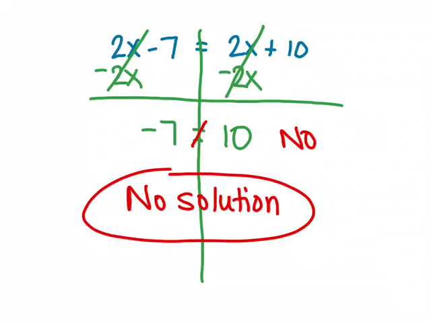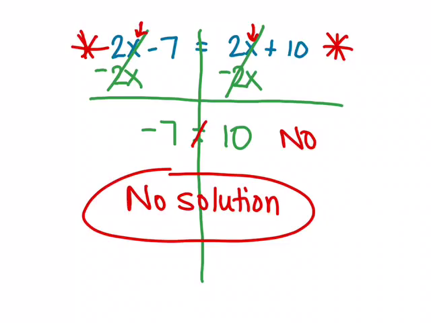Okay? So what that means is, if you look back at this original equation, 2x minus 7 equals 2x plus 10, there is no number at all that you could plug in for x and then this equation work out to be a true statement. It doesn't happen. It's not possible. There's not a negative number, not positive, not 0, nothing.